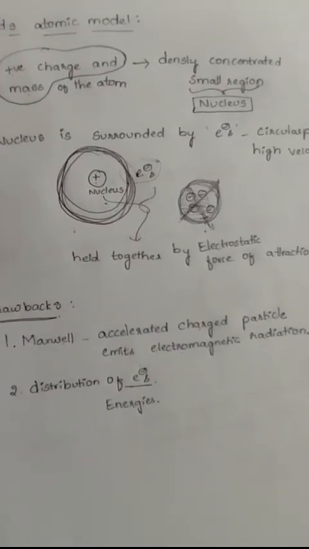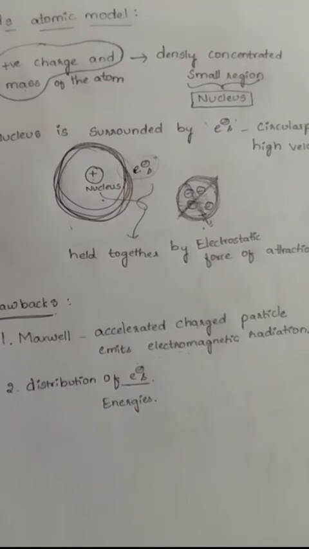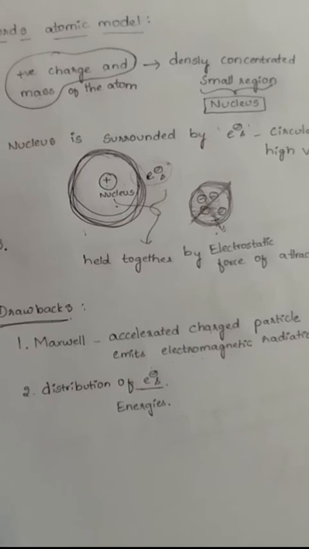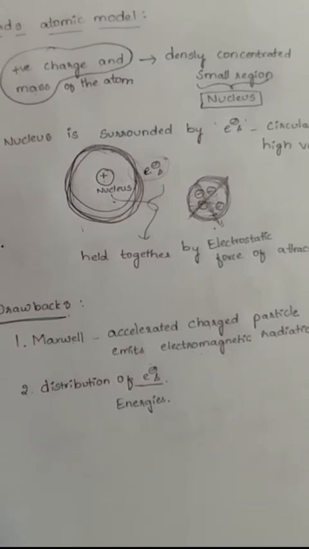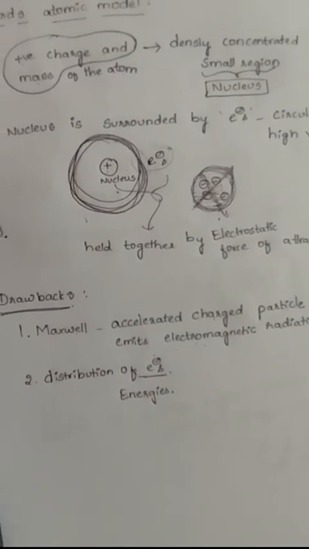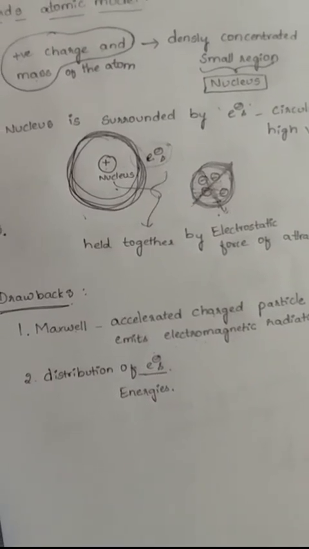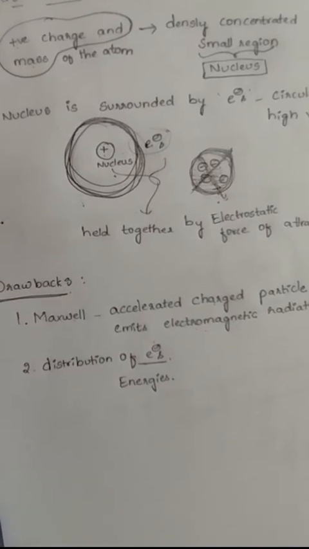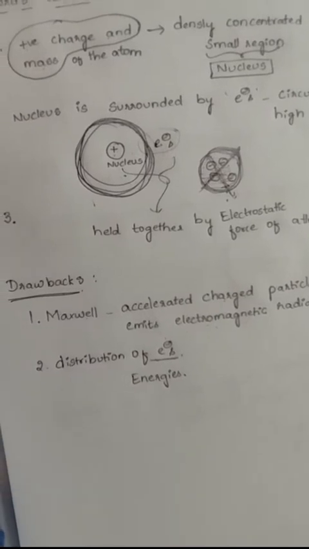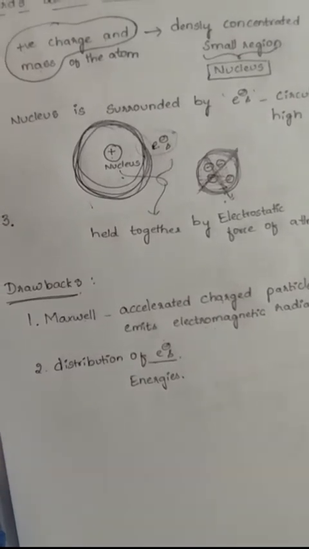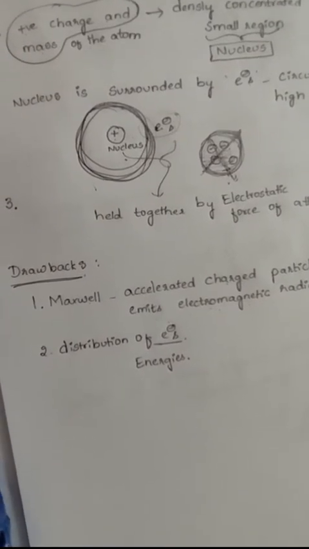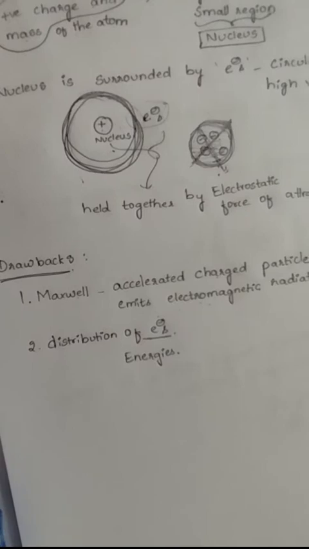Before knowing about Bohr's atomic model in detail, you are supposed to know about the dual nature of electromagnetic radiation, line spectra, and a few terms like atomic number, mass number, isobars and isotopes.